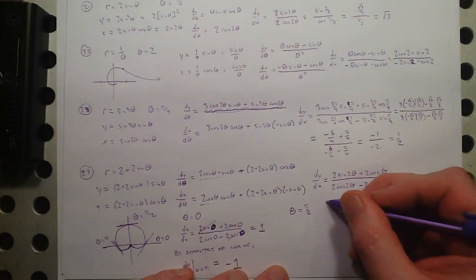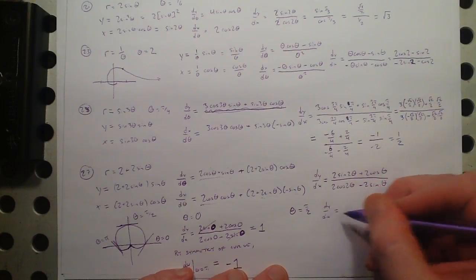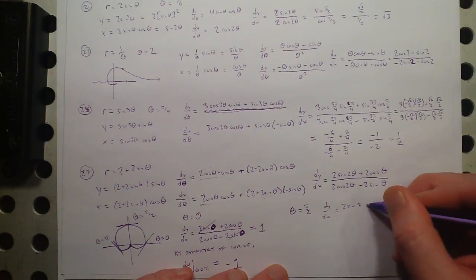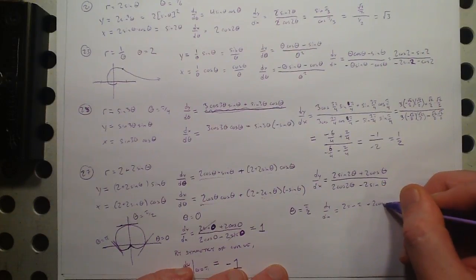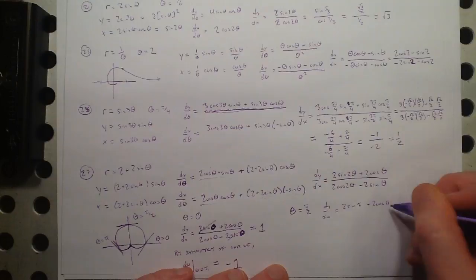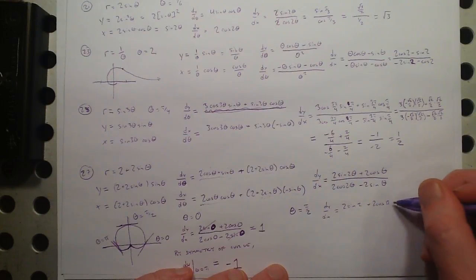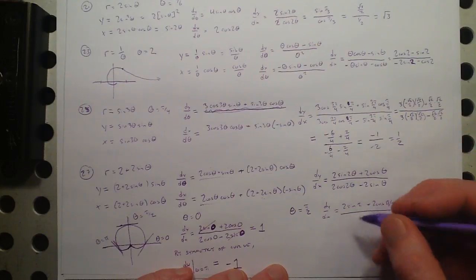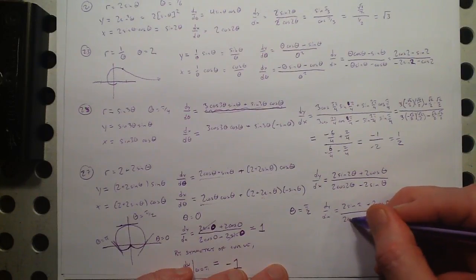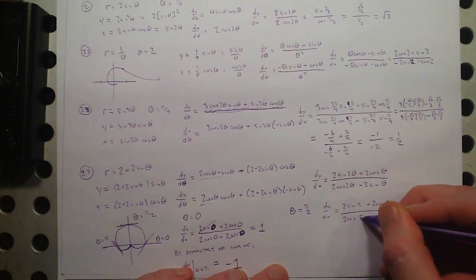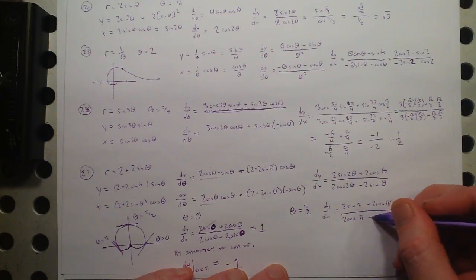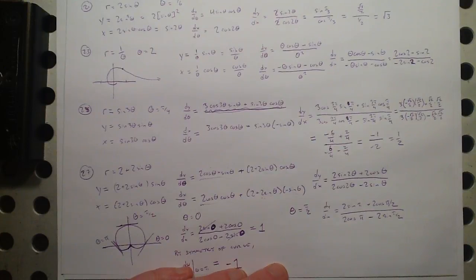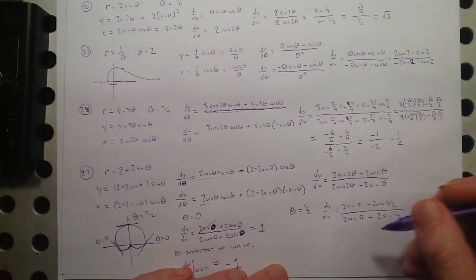We'd have dy/dx equal to 2 sine of pi plus 2 cosine of pi over 2, because that's a 2 theta and that's a theta, over 2 cosine of pi minus 2 sine of pi over 2. We expect that this should be 0.